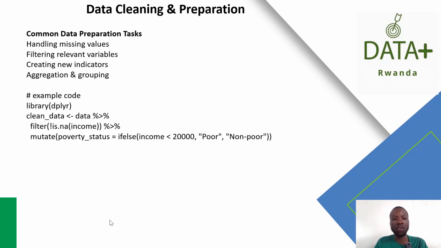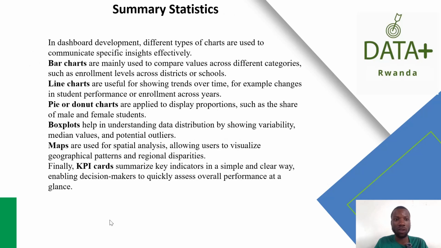Aggregations means, for example, calculating the mean, mode, median based on grouping variables like gender or categorical variables in general. This is an example of what we do in data cleaning and preparation. After that, we can also do the summary statistics, either in dashboard development.